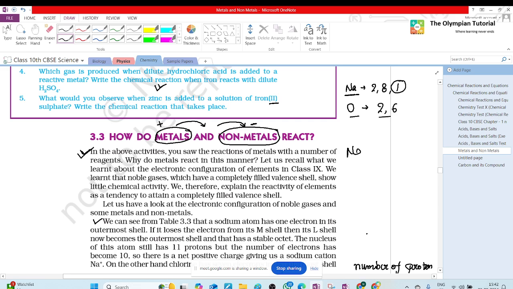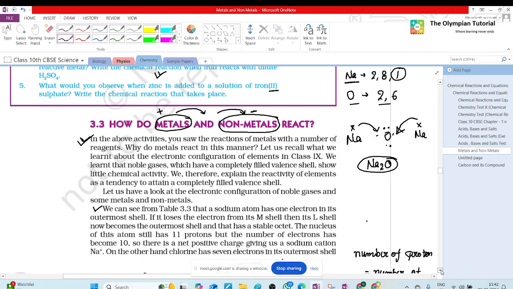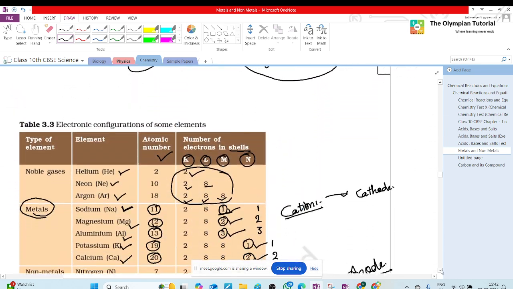So what will happen? Oxygen has 6 electrons in its outermost shell. Na has 1 electron in its outermost shell, it will give 1. So it will become Na2O. In this way ionic compounds are formed.